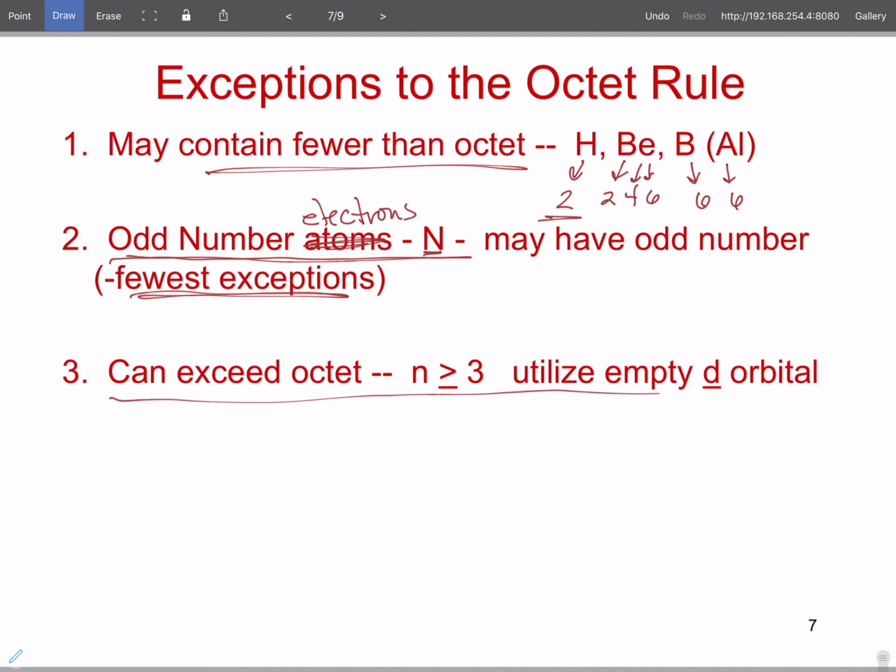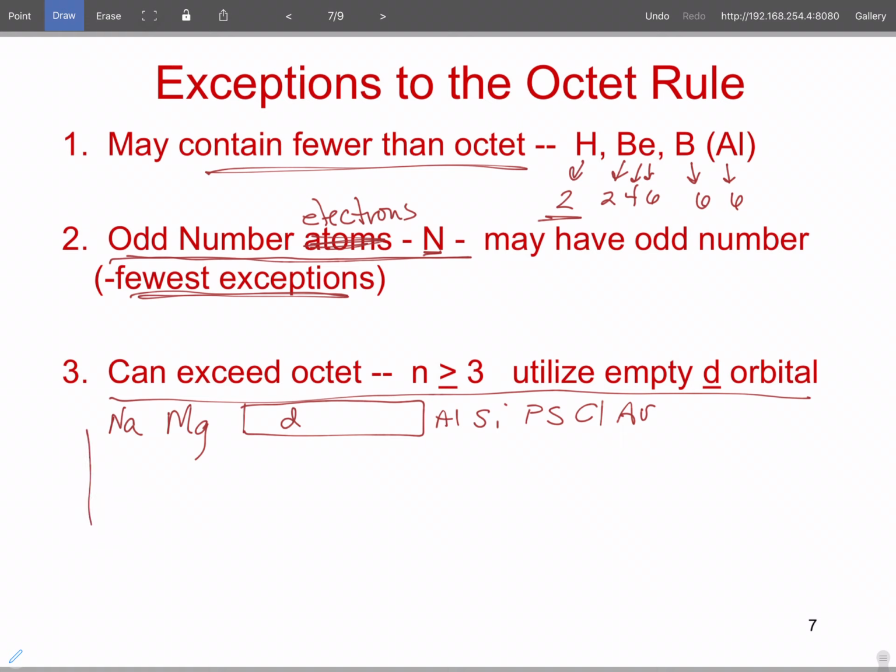The biggest group is the one that can exceed the octet. N is greater than or equal to 3. Well, if we look at that, that means we're going to start with sodium, magnesium, and then we have the empty D block. Then we have aluminum, silicon, phosphorus, sulfur, chlorine, and argon.